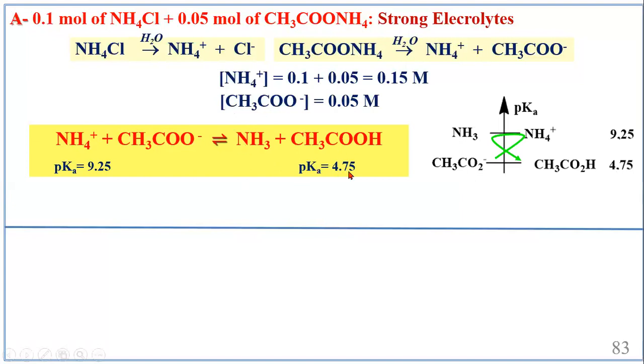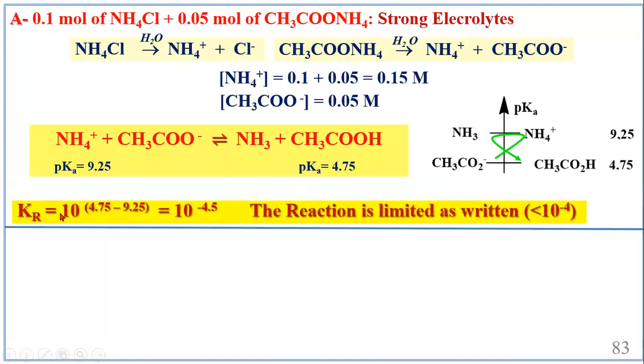And if I do the K reaction, even if I didn't put it on the anti-gamma, remember, I put the pKa of the acid on this side, the pKa of the acid on this side, and the K reaction will be 10 to the power of 4.5 product acid minus reactant acid, so minus 9.25.